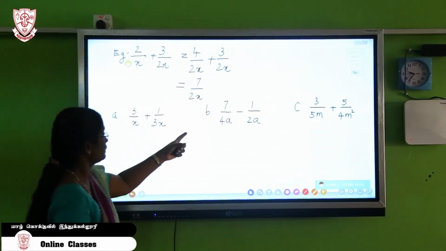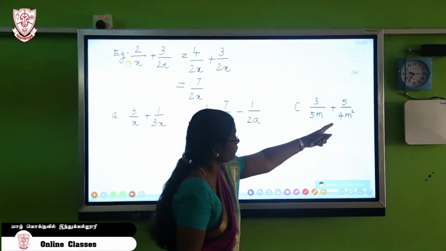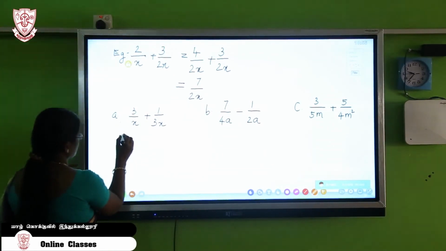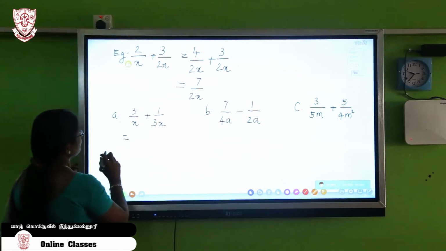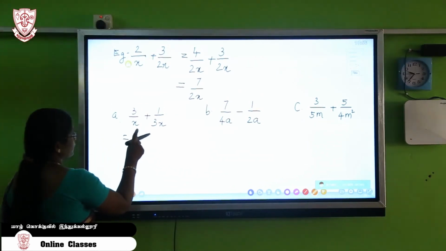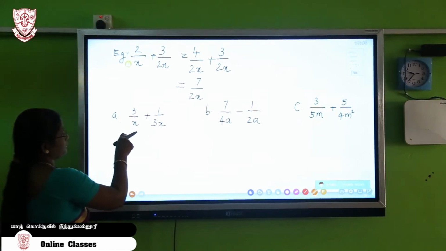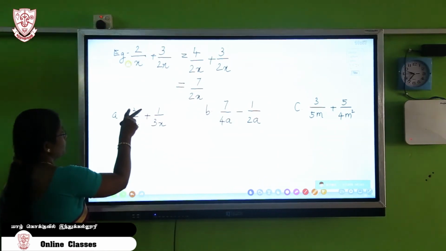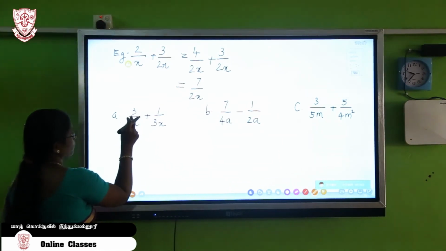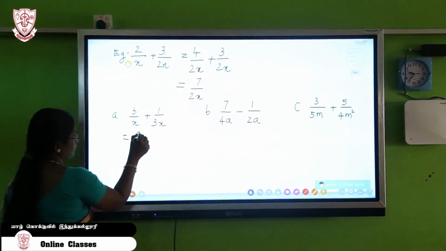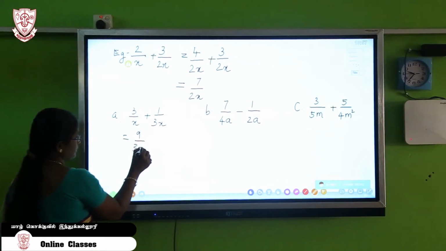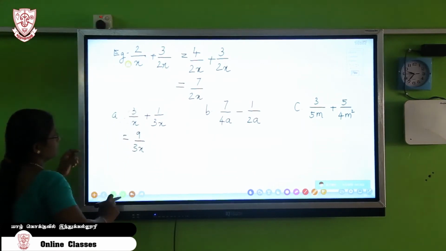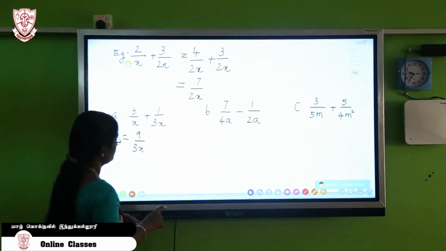Here x and 3x, then 4a and 2a, then 5n and 4n square. Now for the first example, try to do the simplification of the algebraic fractions. Here x is changed to an equivalent fraction with denominator 3x. So you multiply both the numerator and the denominator by 3. 3 times 3 is 9 over 3x.